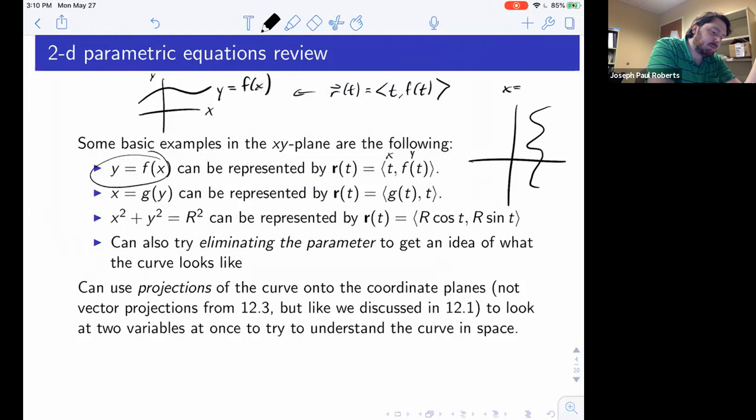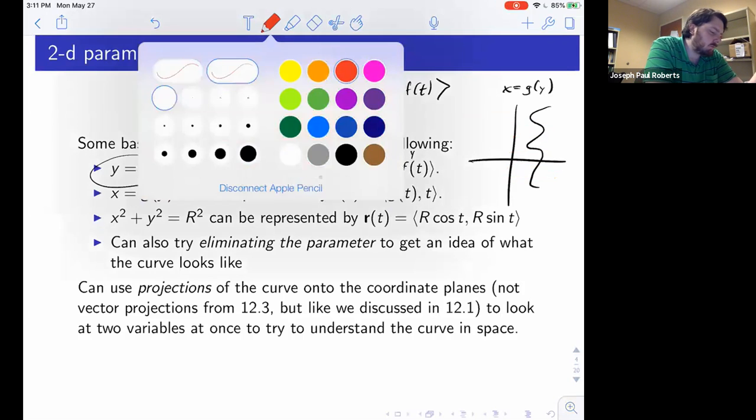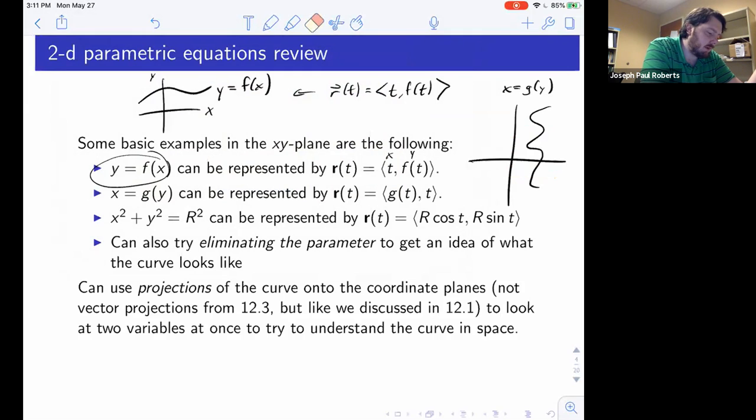In that case, if it passes the horizontal line test, if each y value only gives you one x value, then you could express x as a function of y. In which case you're really just interchanging the roles of x and y. It's not a huge deal. You could just let y be t, and then x would be g of t.